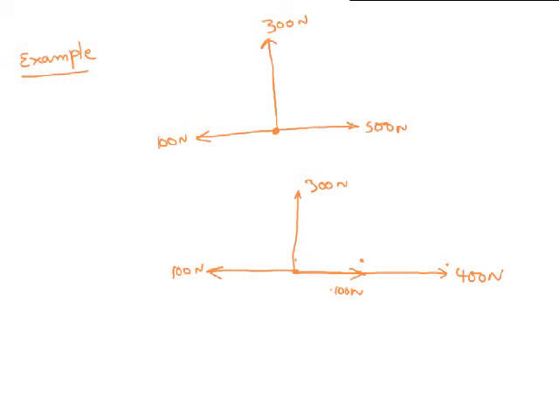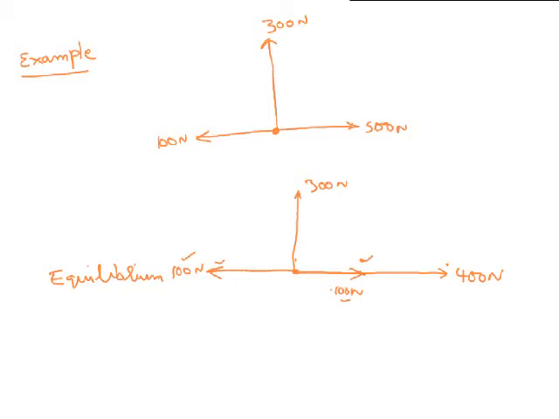Now you can see that the magnitude of this force and this force is identical, 100 newtons. Both of them are collinear and oppositely directed, with the same magnitude. So these two 100 newton forces are a system of forces in equilibrium.